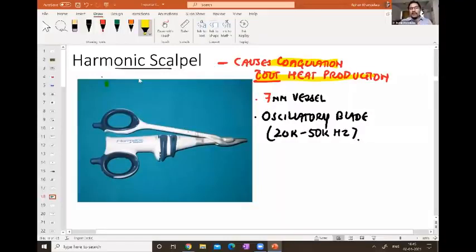This oscillates between 20,000 to 50,000 hertz. And this oscillatory blade causes coagulation without heat production. The advantage is because heat is not being produced, that is why this can be used close to vital structures, close to vital nerves, because heat will not be generated, and it will not damage those structures.